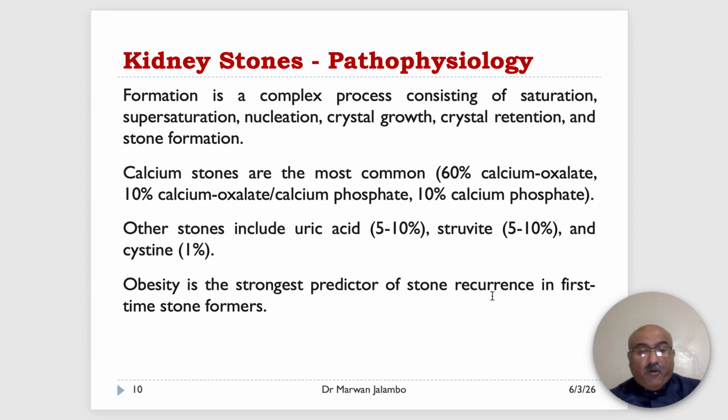A major point to remember for your patients: obesity is the single strongest predictor of stone recurrence in first time stone formers. Let's break down the specific causes of these different stone types.